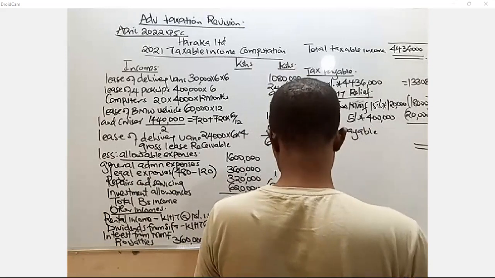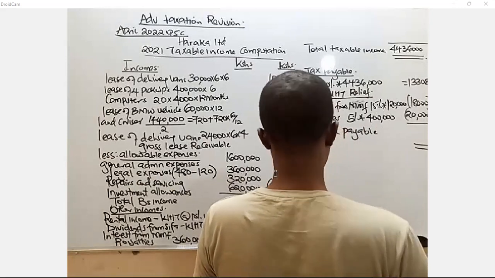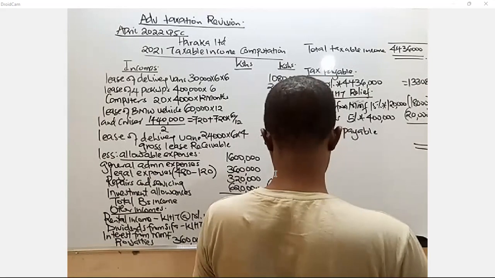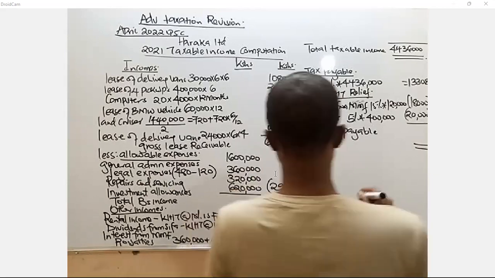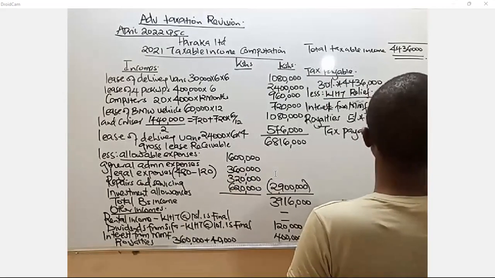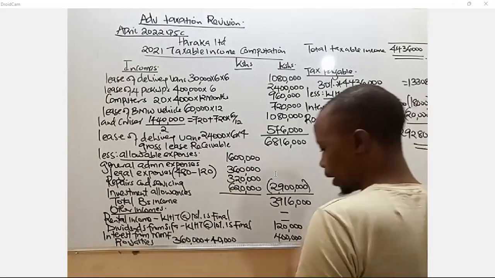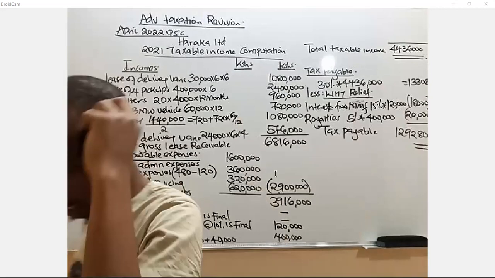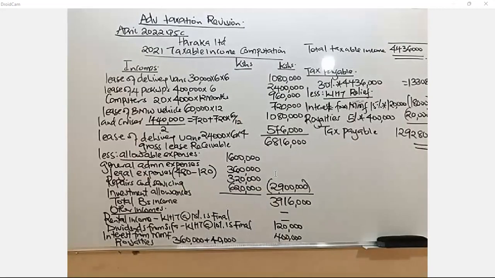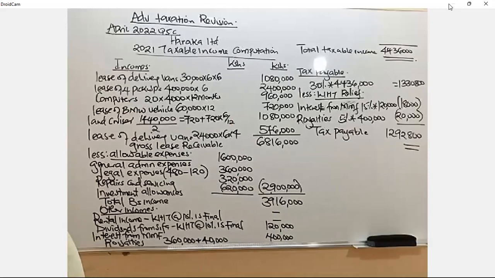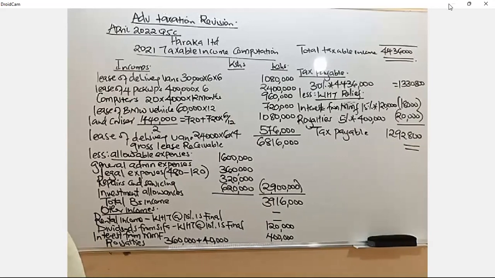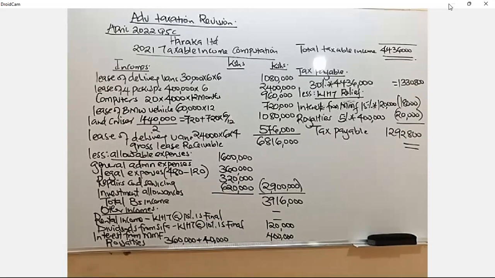So I say 1330,800 minus 38,000, getting 1292,800. That is how the questions on leases are normally done.